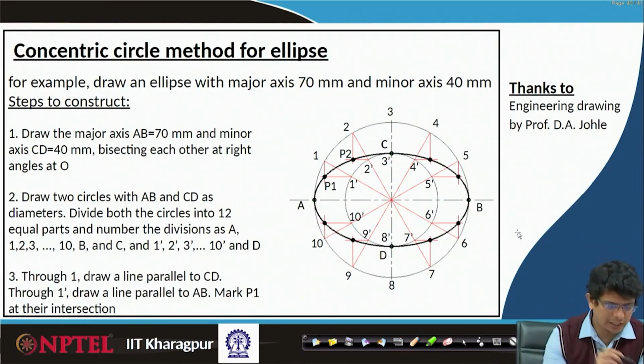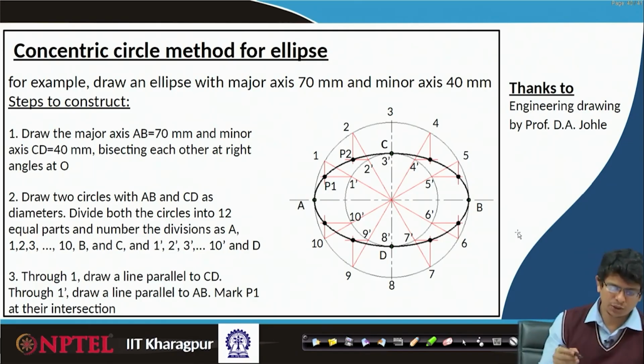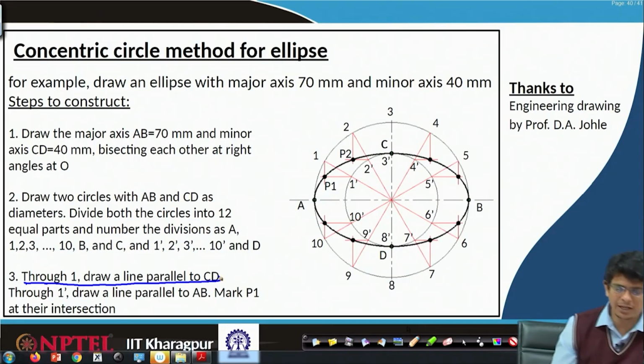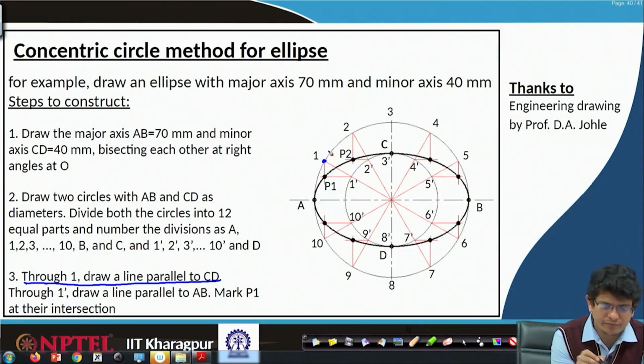After division into these 12 equal parts, through the first point 1, draw a line parallel to CD. We have identified the first point as 1, and CD is this line. Parallel to this CD line, we are going to draw a line at 1.